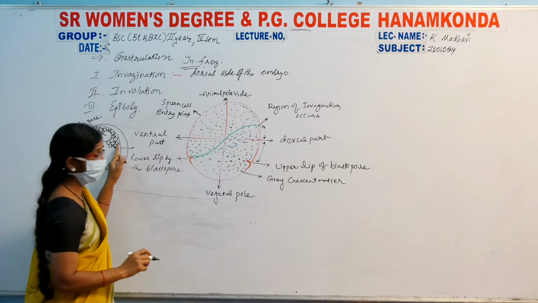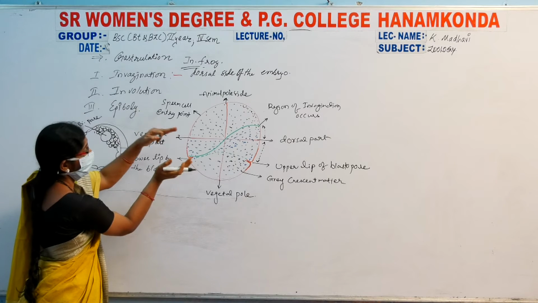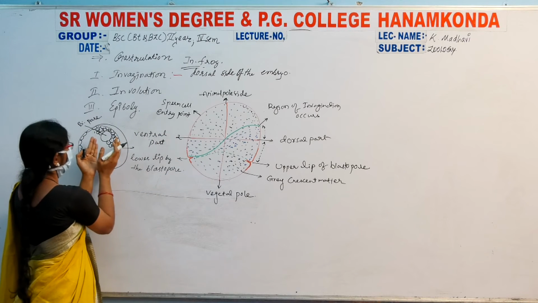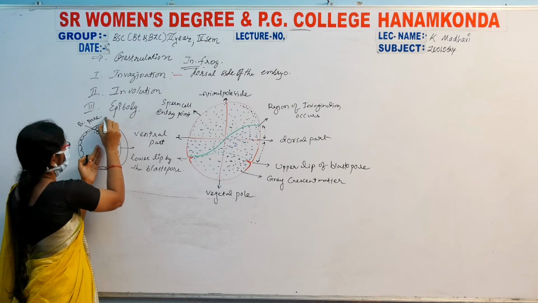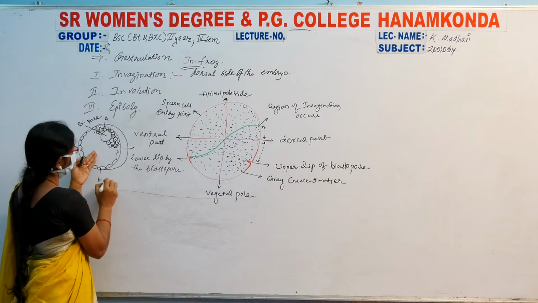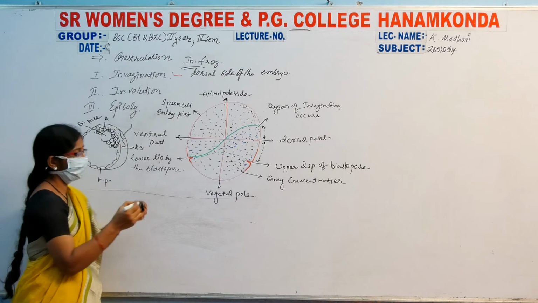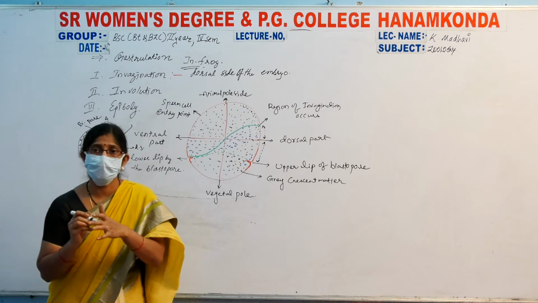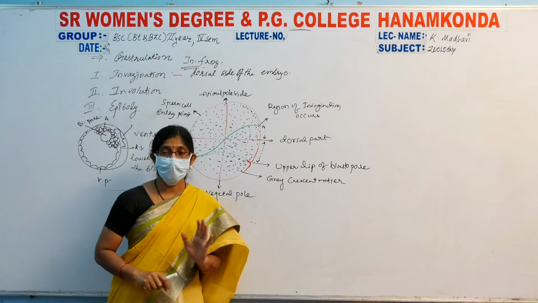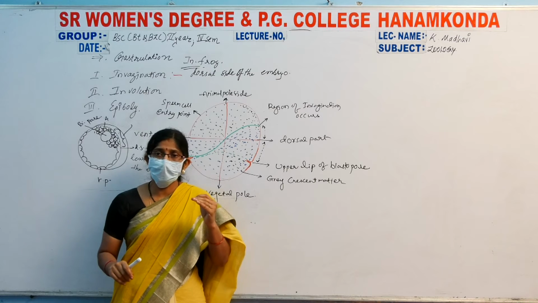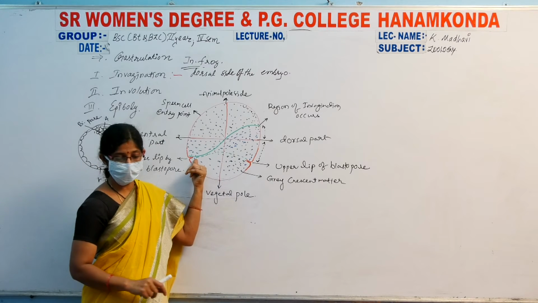Right. Here these cells, the cells of the dorsal side, which is the region of invagination, occurs in this region. This is the animal pole to vegetal pole region on the dorsal side. This is the site of the invagination in the blastula. Right now, here the process is just below the equator, right, ma'am?